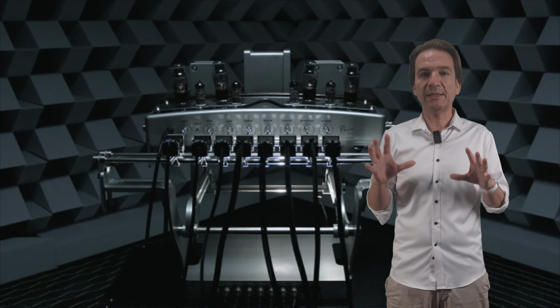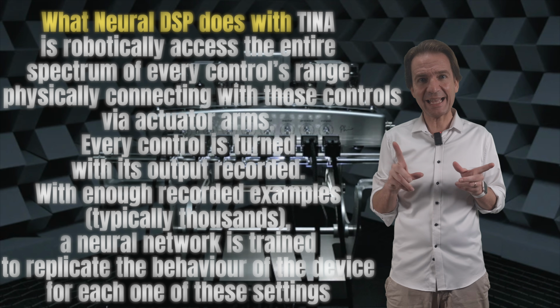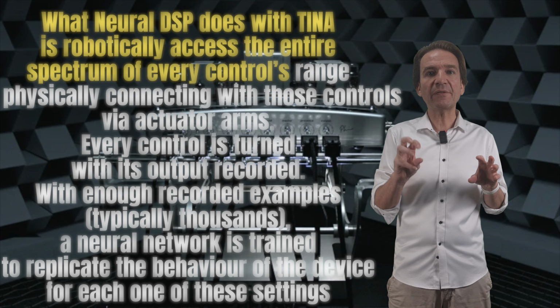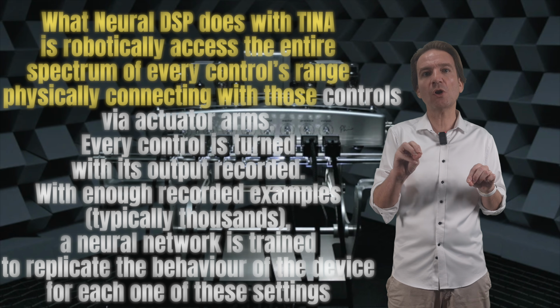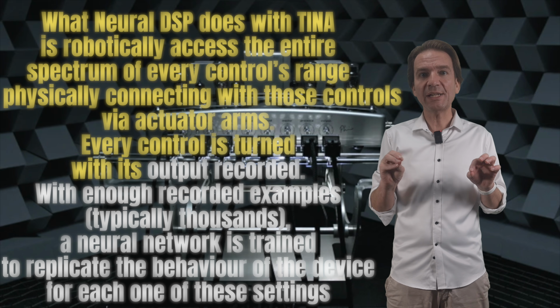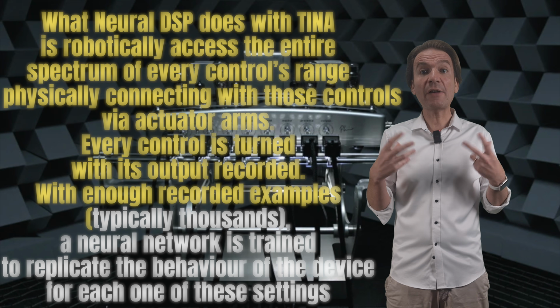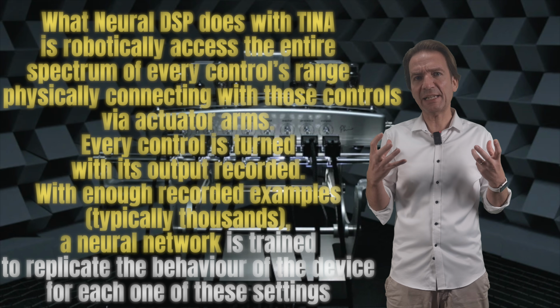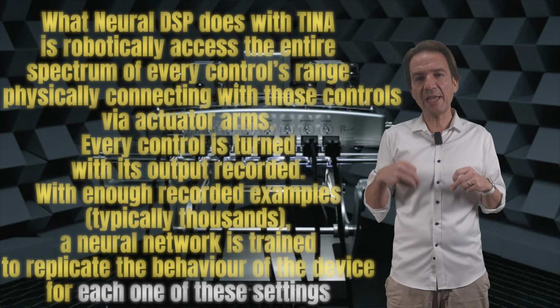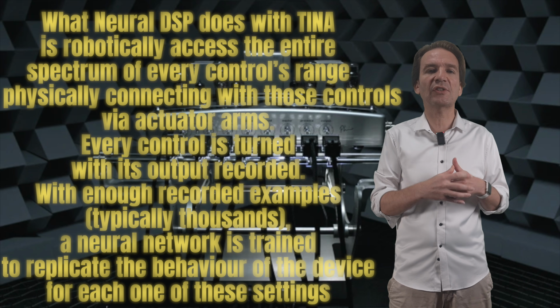What Neural DSP does with TINA is robotically assess the entire spectrum of the controls' range by physically connecting with those controls via actuator arms. Every control is turned with its output recorded. With enough recorded examples, typically thousands, a neural network is trained to replicate the behavior of the device for each one of these settings.